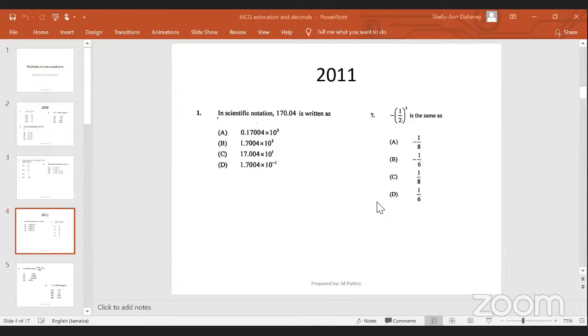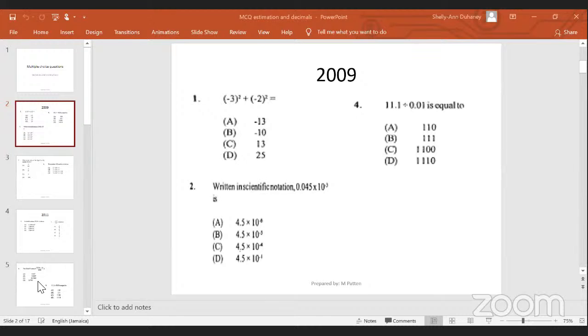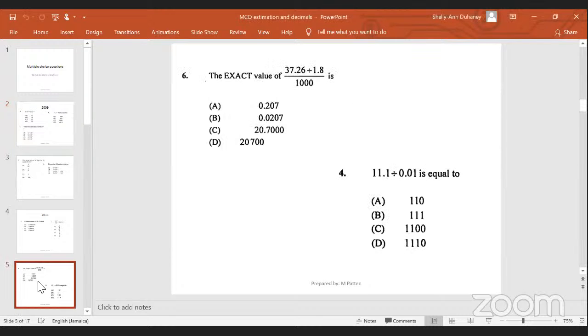All right, let me stop and share screen again. What are you seeing now? Number 6. Okay, good.